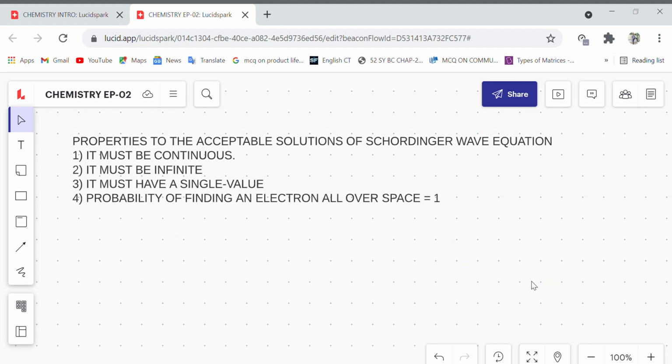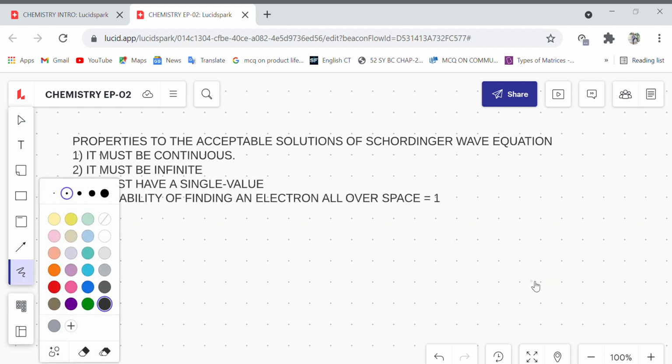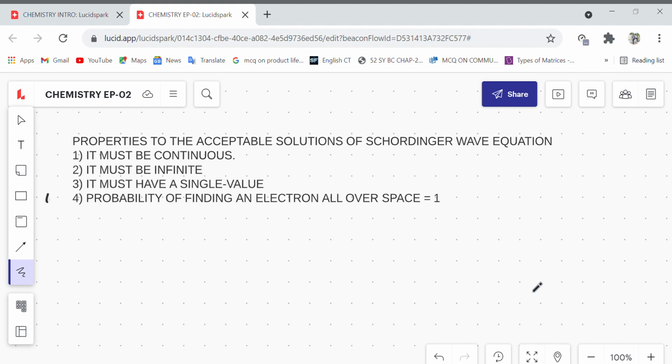This is one of the most important points. First one is what? It must be continuous, it must be infinite, it must have a single value. Probability of finding an electron all over space must be equal to 1.